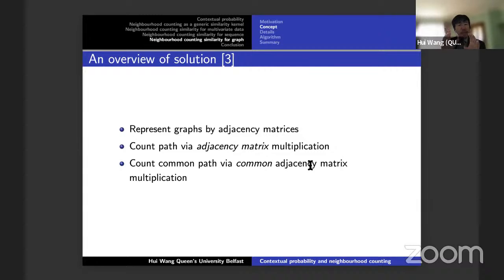I calculate their common adjacency matrix, and then I multiply this common adjacency matrix until all entries become 0. I stop when the entries become 0. Then I add up the entries in the sequence of the adjacency matrices, so that will give us this count.